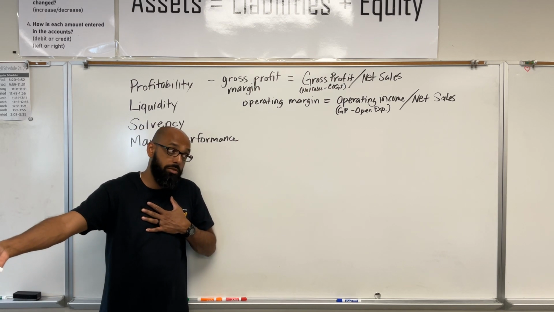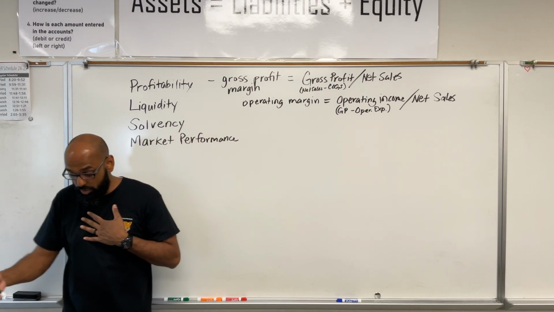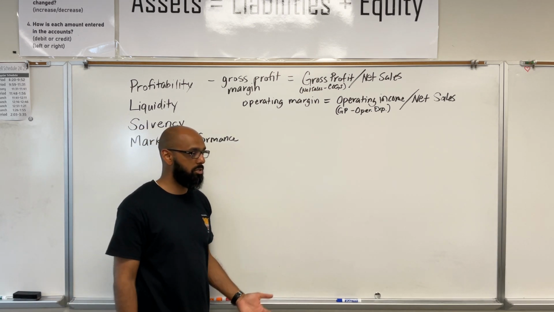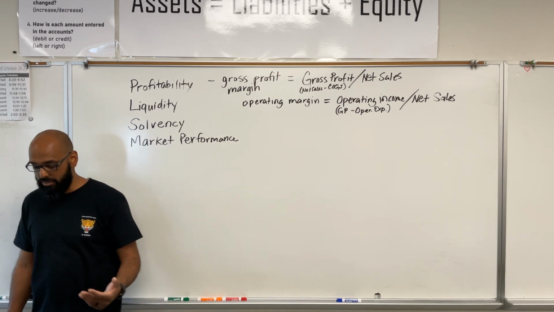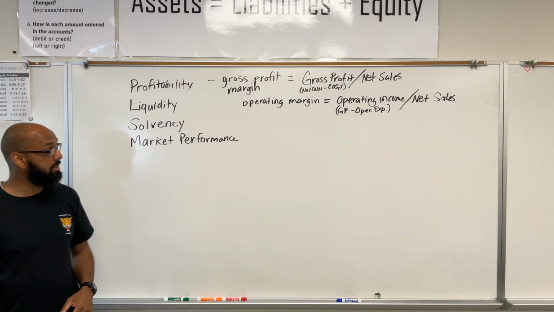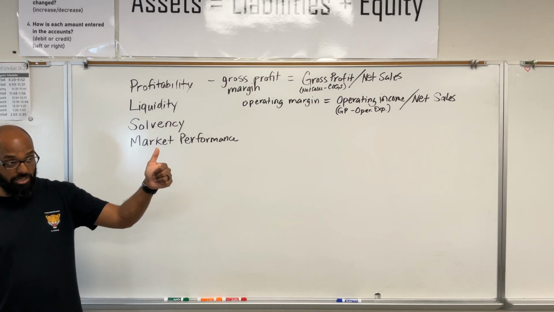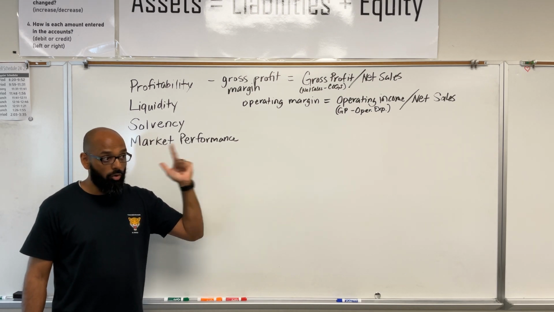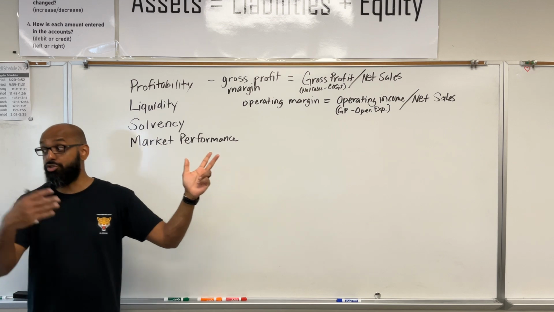If you're not, then maybe you need to make that change in order to make sure your margins stay where they ought to be or where you want them to be. And if you're a new company, then you just have to go off your projections. You benchmark it against what you projected to be making at that time period of your business. All right, so that's benchmarking, comparing it to industry standards, comparing it to your historical data, or comparing it to your forecasting or what you thought it should be.